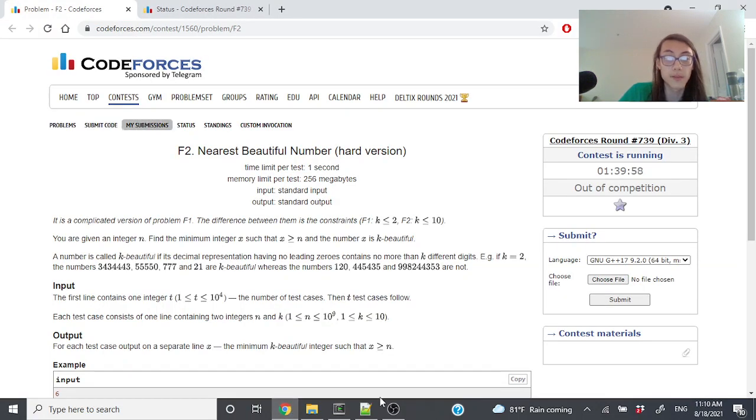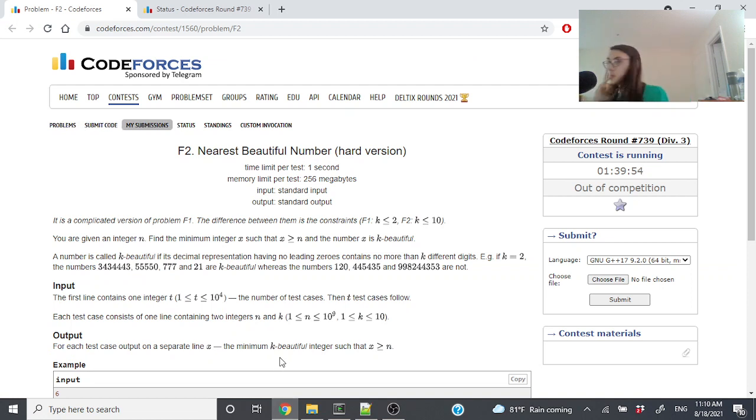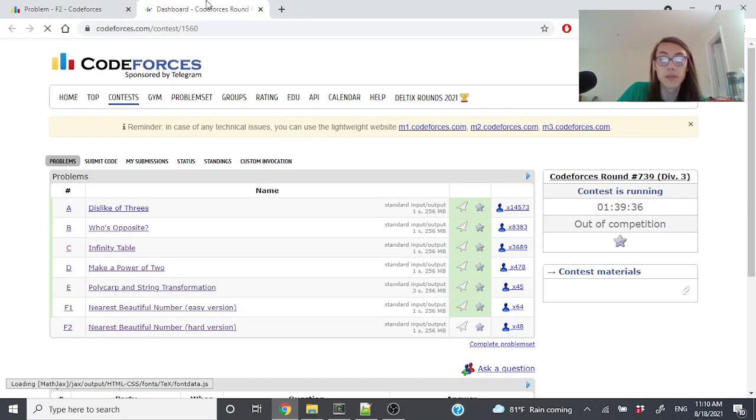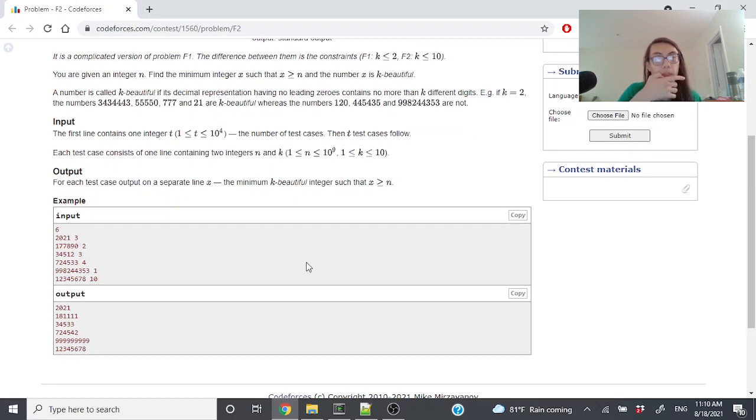Yeah, because this amount is fine. The problem is k equals 4 is I think the hardest. I'm not sure. What exactly can we do?